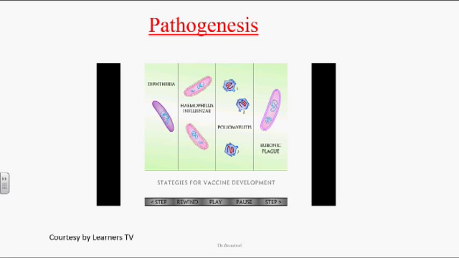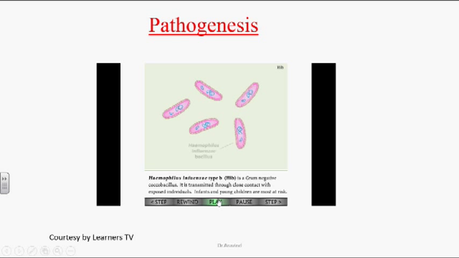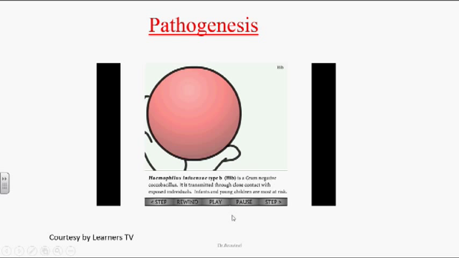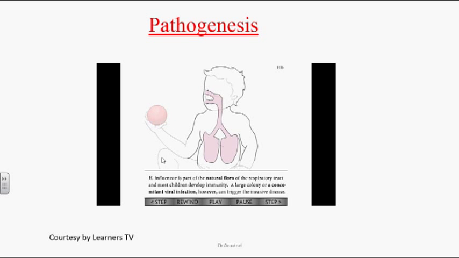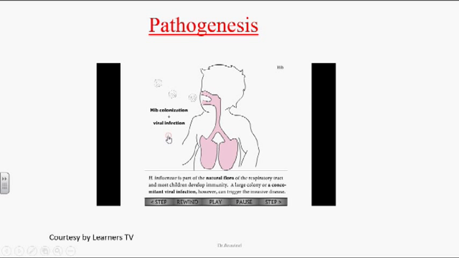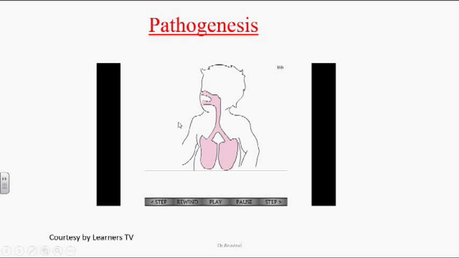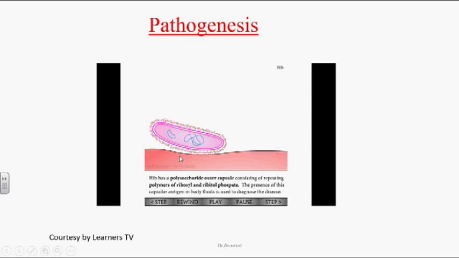So we can see a short animation of H. influenzae pathogenesis. These are the H. influenzae organisms with polyribitol capsule, and they can be seen everywhere. Normally they are transmitted to humans by the respiratory route, with viral infections helping this organism to grow.